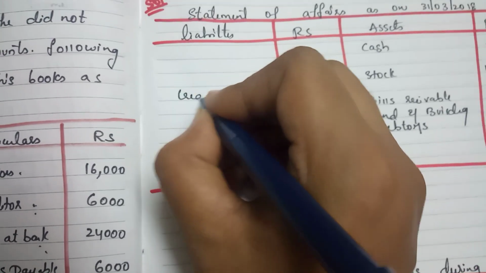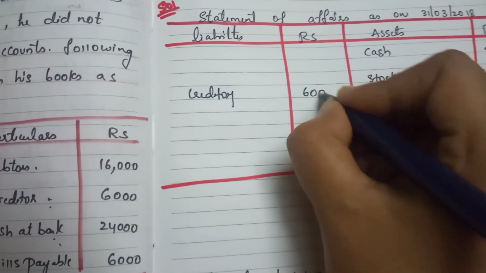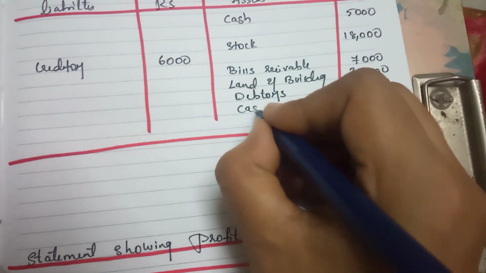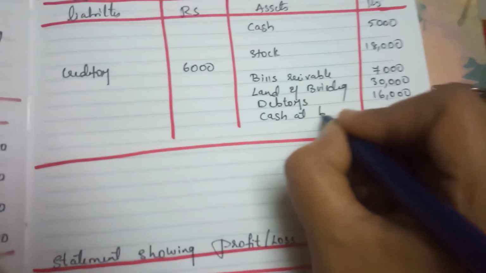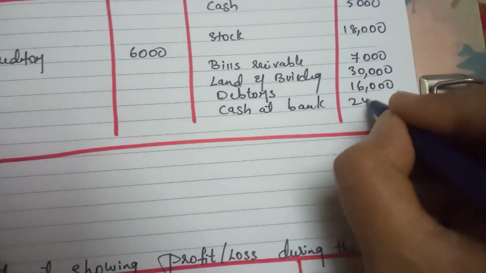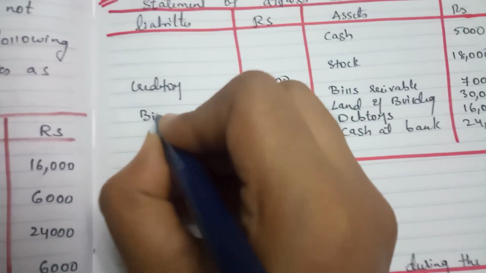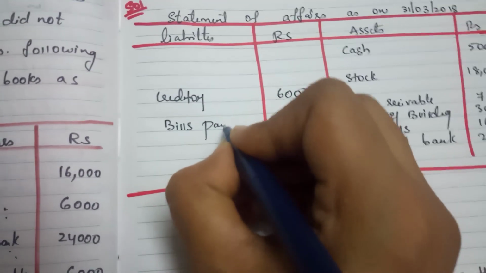Creditors 6,000. So it's a liability. And next we have cash at bank. It's an asset. 24,000. Okay, and bills payable, it's a liability. 6,000.